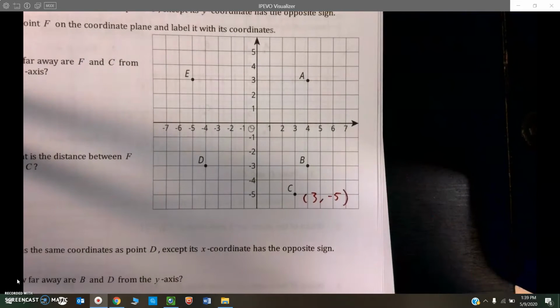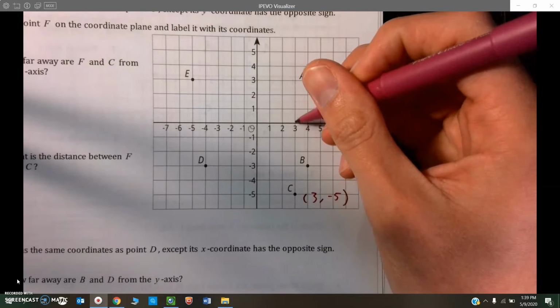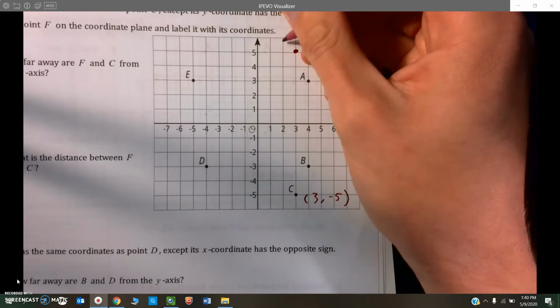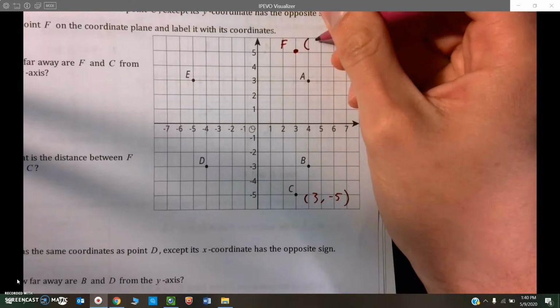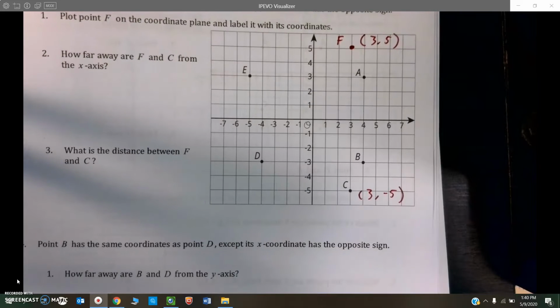And so F has the same coordinates, but its y-coordinate has the opposite sign. So that means that F is over 3, but instead of going down 5, it's 1, 2, 3, 4, up 5. So here was F. Same coordinates, but their y's are just opposite signs.